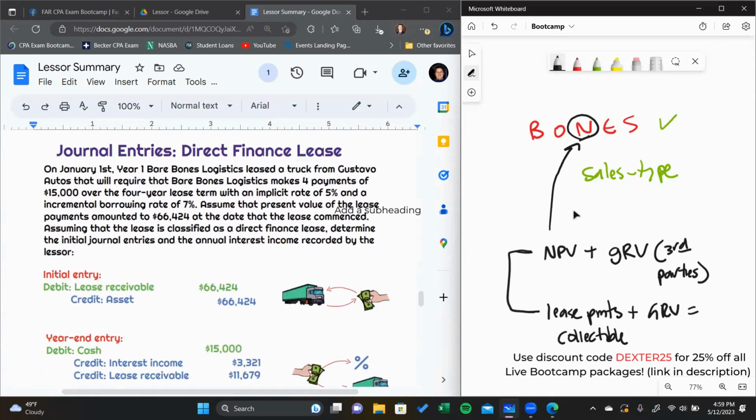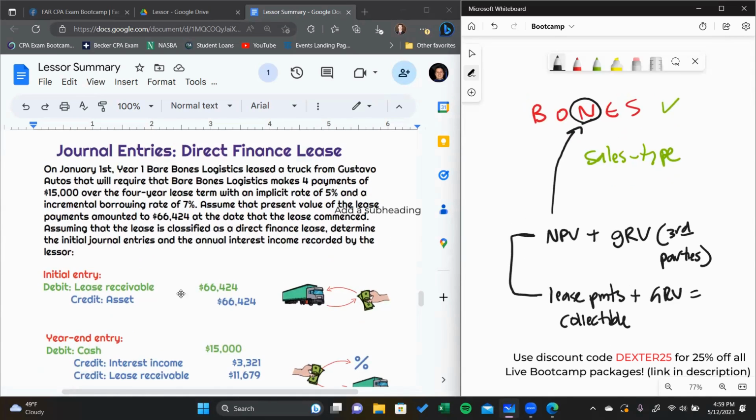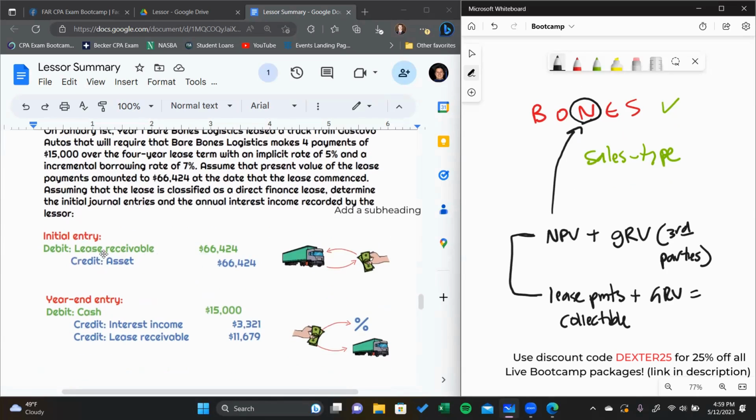Now, the biggest difference here is we are not recording a gain, right? With a sales type lease, the difference between the present value receivable and the net book value is a gain. Well, what we do here is we simply record a receivable for the present value of the asset, and then we credit the asset to remove it from our books. So we're still removing the asset from our books, but we're not recording a gain because we're not treating it like a sale.